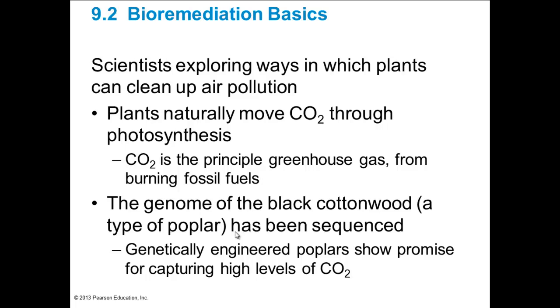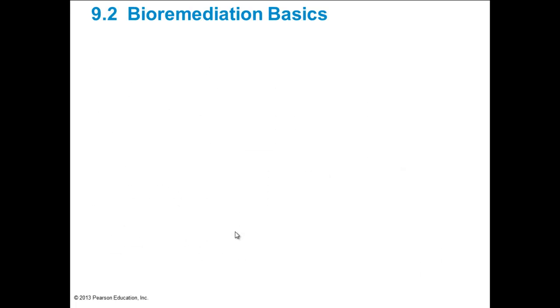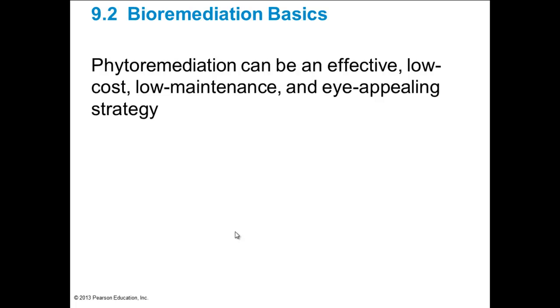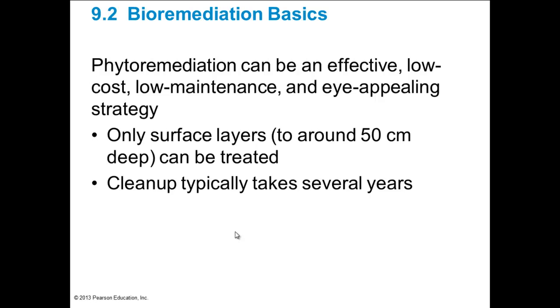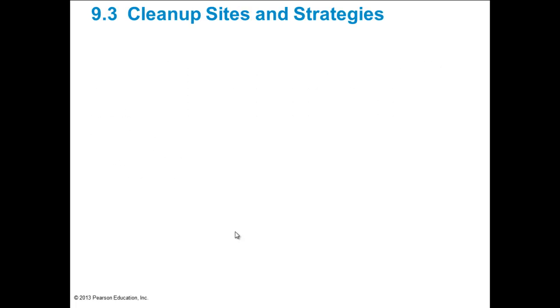It has a high rate of photosynthesis, are very promising. These are genetically modified, so they'll even increase the photosynthesis rate further. It's also very eye appealing, but you can only treat surface layers, so around 50 centimeters deep can be treated. Like I said before, the cleanup takes several years.